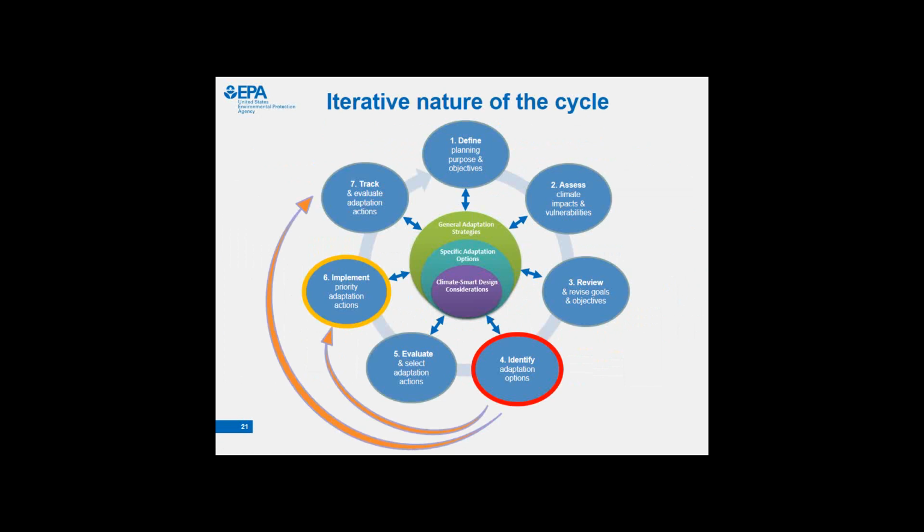Identifying the indicators or metrics that you're going to use to measure success will directly, hopefully, inform or prepare you for step 7. Because the goal is, after implementation, to then be tracking and evaluating the success so that one can continue to make improvements through time.